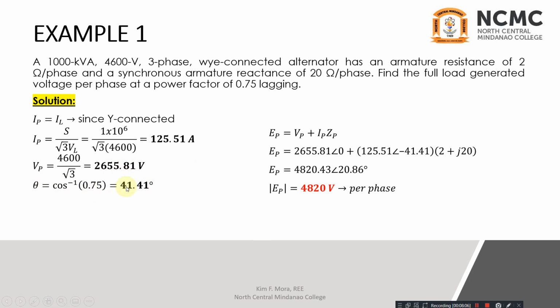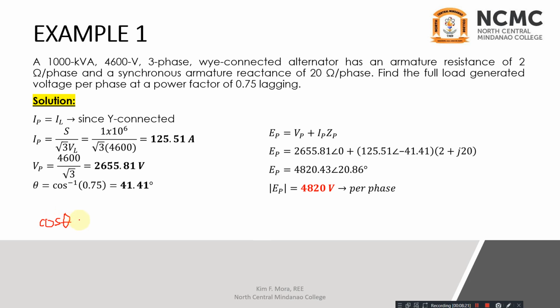Given the power factor of 0.75, the formula for the power factor is cosine theta.